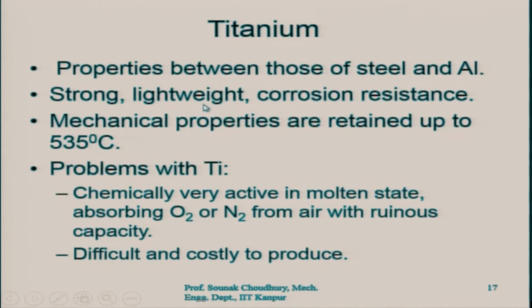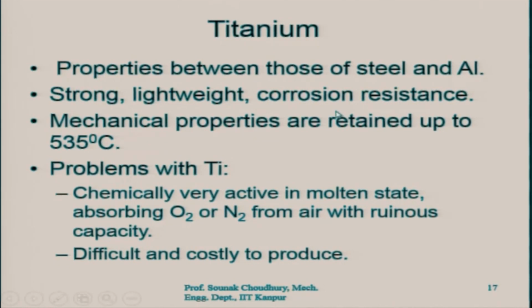Strong, lightweight, corrosion resistance. These are the three properties which are also very important in the field of engineering materials. You understand that, because they have to be strong, the weight has to be lighter, and it must have corrosion resistance.